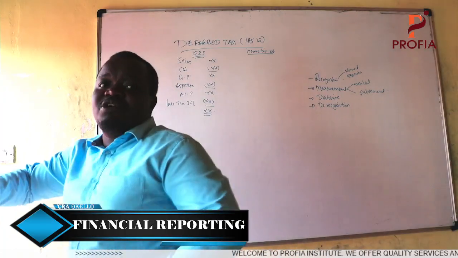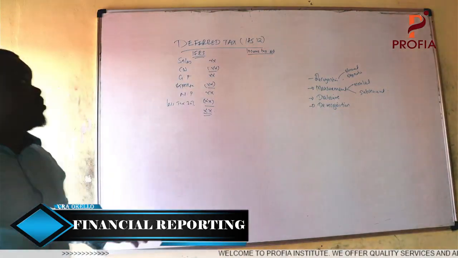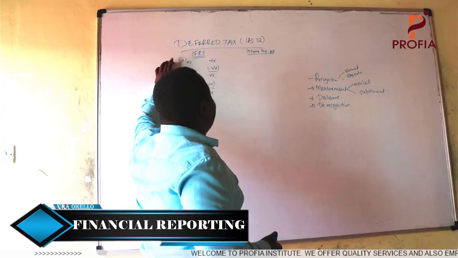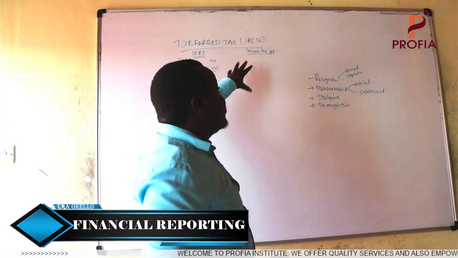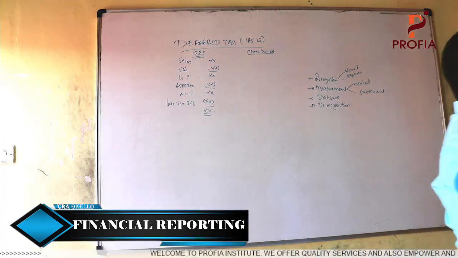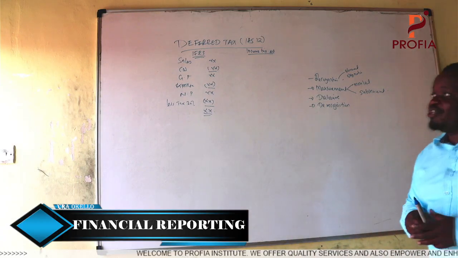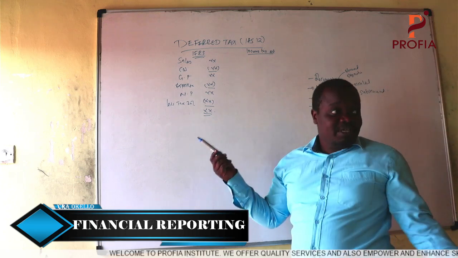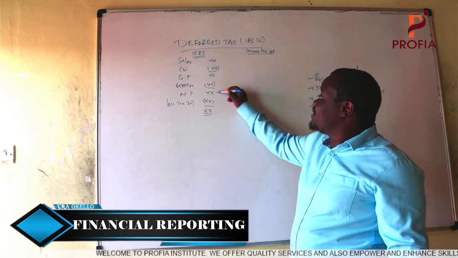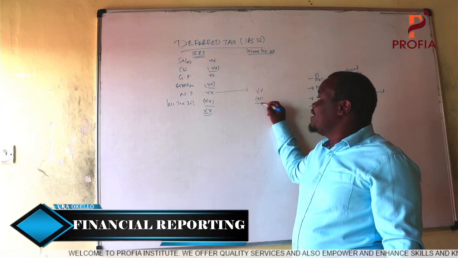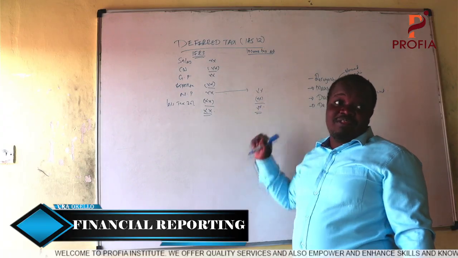But for us, it is called Finance Act. So the Finance Act is going to guide you on how your financial statements are going to look. So when it guides you, you'll find that there is a situation where this profit and this profit will not be the same. It means then if the net profit is not going to be the same, the tax liability is also not going to be the same.